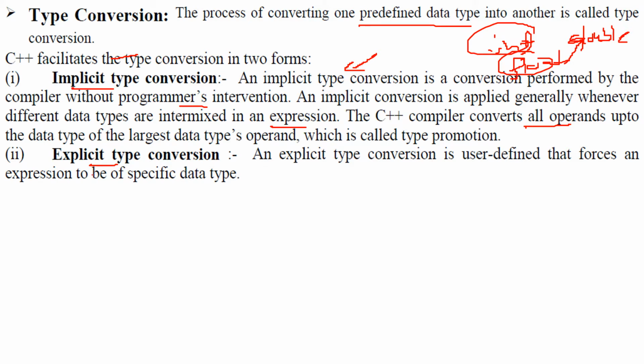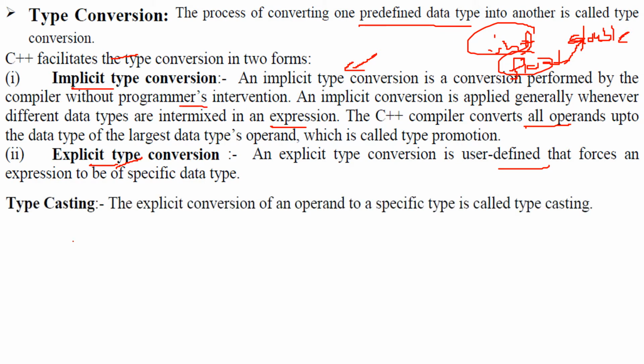Then we have explicit type conversion. In explicit type conversion, it is user defined, so you force a certain data type to be changed yourself. The explicit type conversion of an operand is done by the typecasting method.